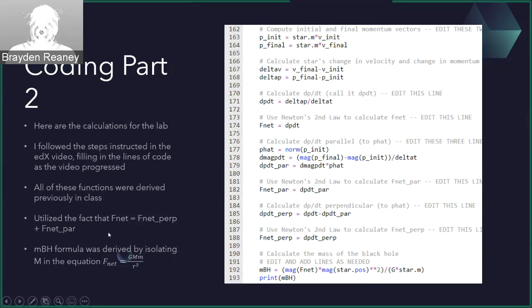And I utilized the fact that F net is equal to F net perpendicular plus F net parallel to solve for dp/dt perpendicular by subtracting dp/dt parallel from dp/dt. And that solved for F net perpendicular because those are equivalent as well. And the mass of the black hole, or MBH formula, was derived by isolating big M in the equation F net equals G big M small m over r squared. And you can see that this is all solved for here.